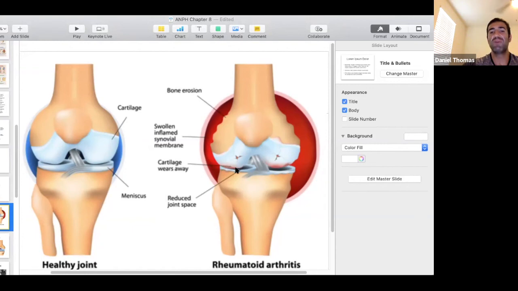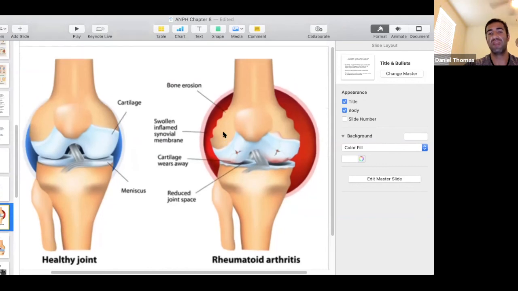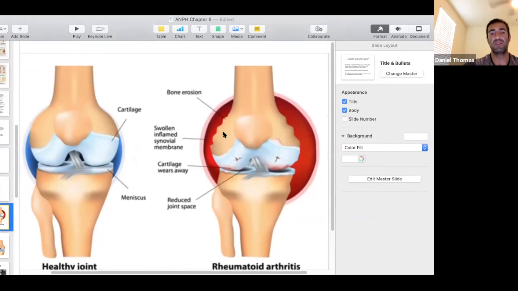The synovial membrane is going to be inflamed, which of course, since that is the main region of the joint that has the nerve and blood supply, it's going to be painful, and bone erosion is going to weaken the integrity of the bone. Extremely painful condition, results in joint degradation.